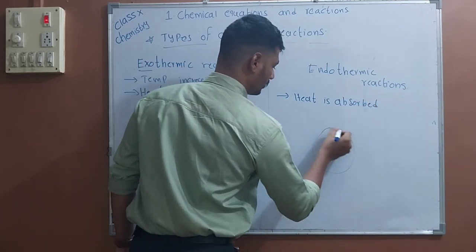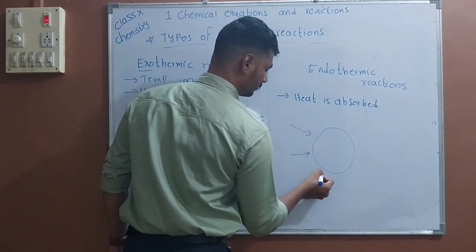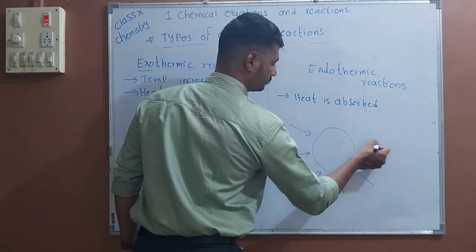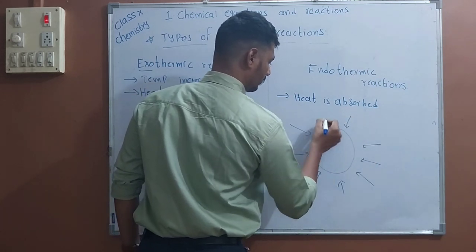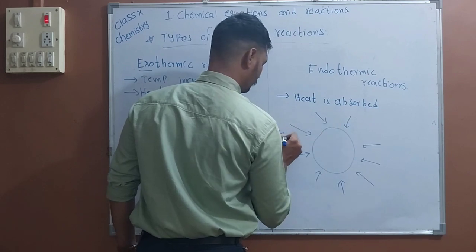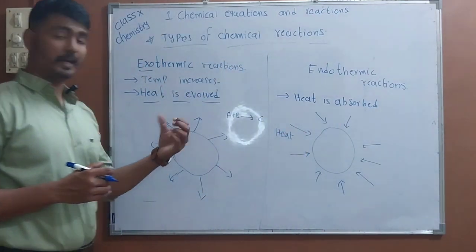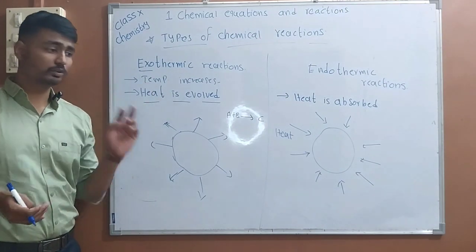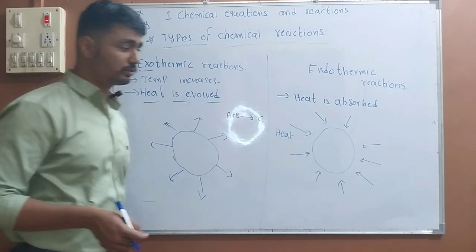Heat is absorbed. Heat is being absorbed. So these are the two types of reactions which we are going to learn. Now what are the examples of these two reactions?